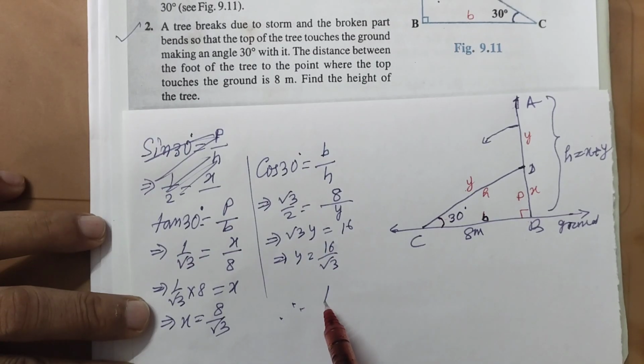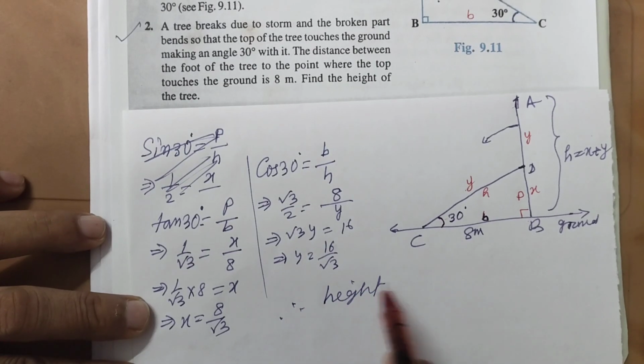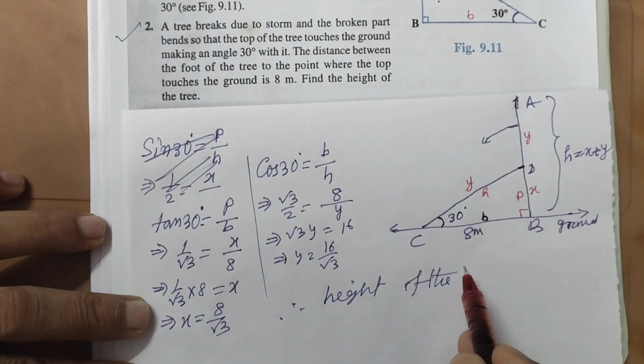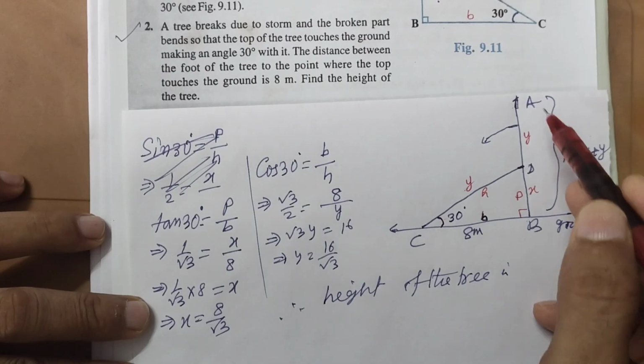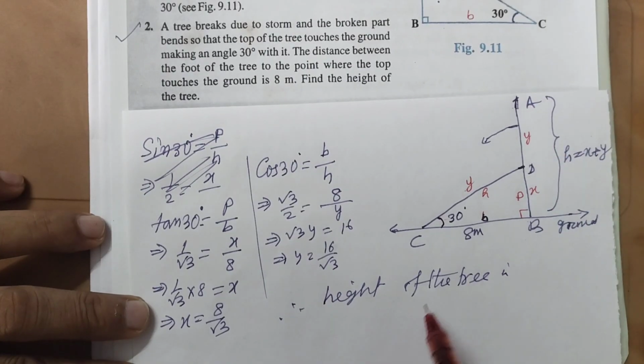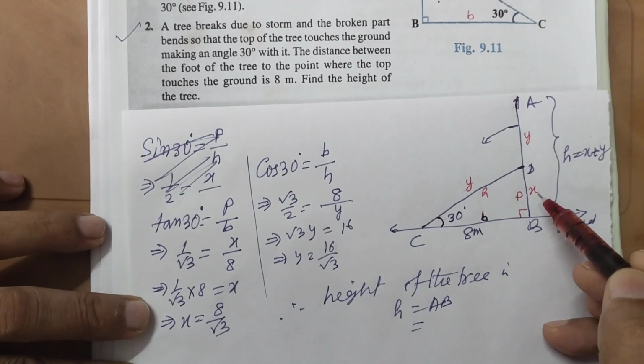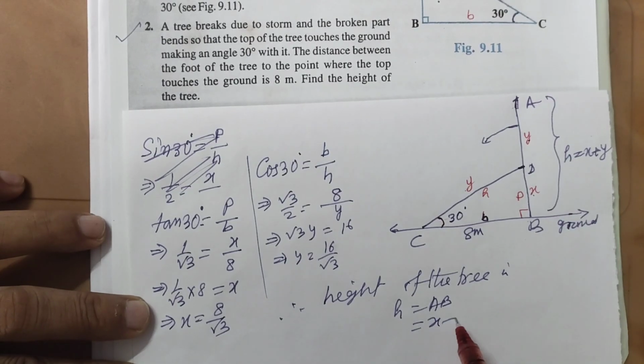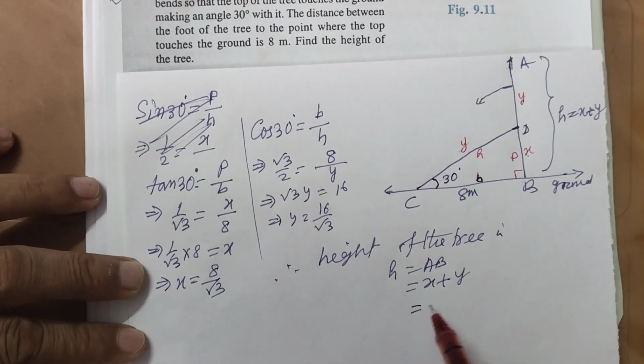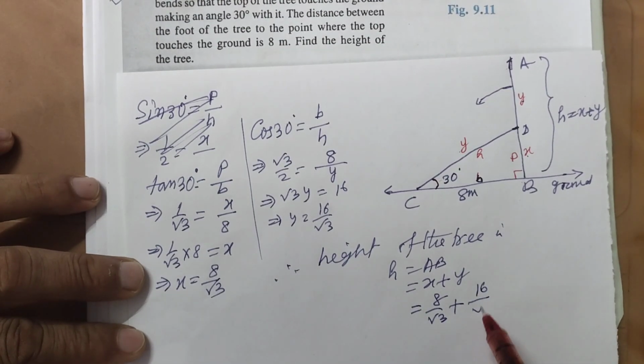Therefore the height of the tree: the total length A to B is H. H is equal to A to B, and in the diagram it is X plus Y, and both the values we got. X is 8 by root 3 and Y is 16 by root 3.